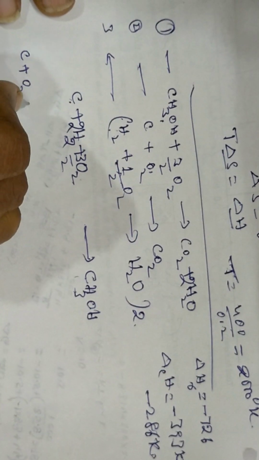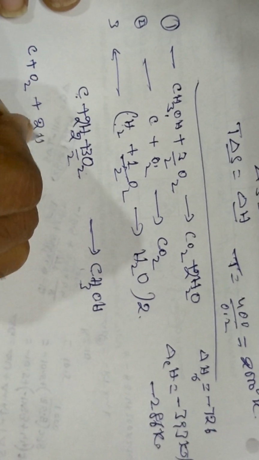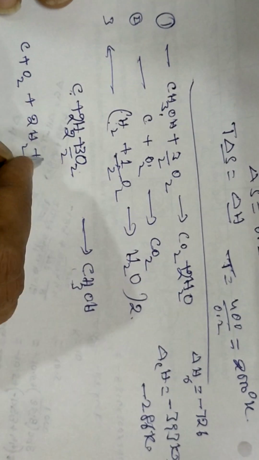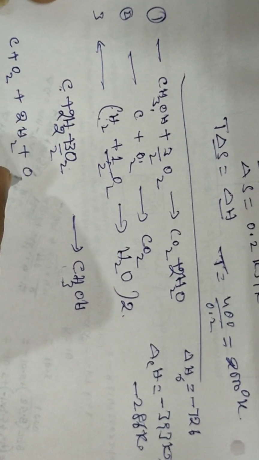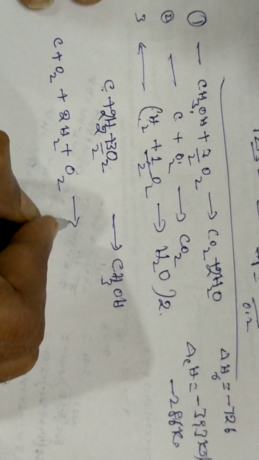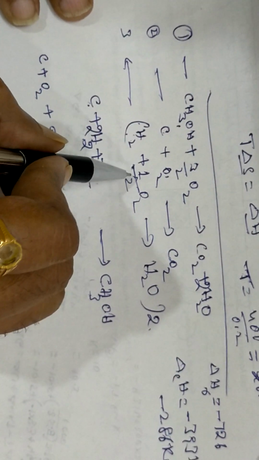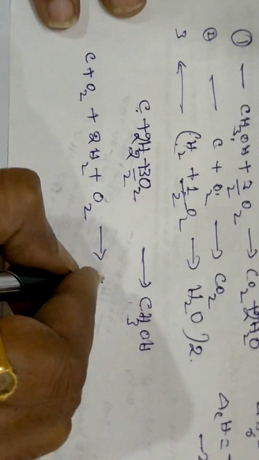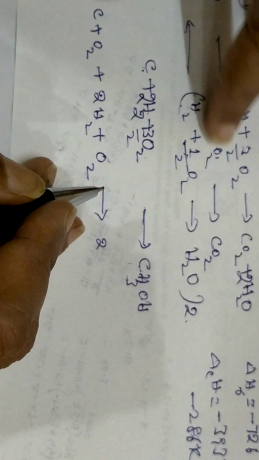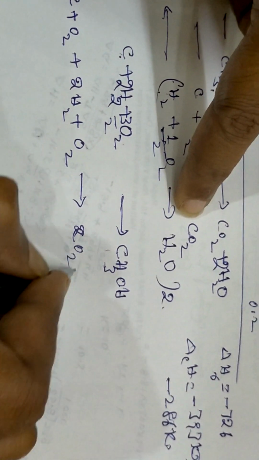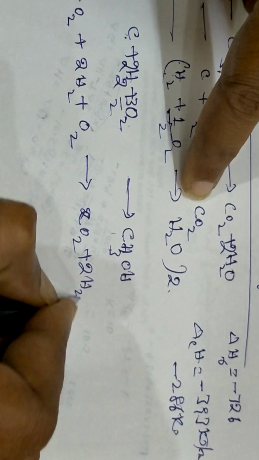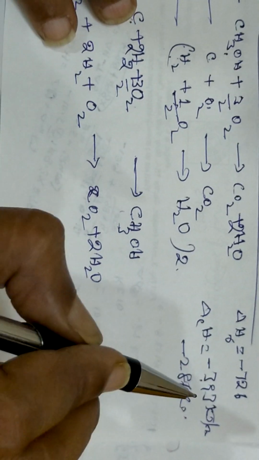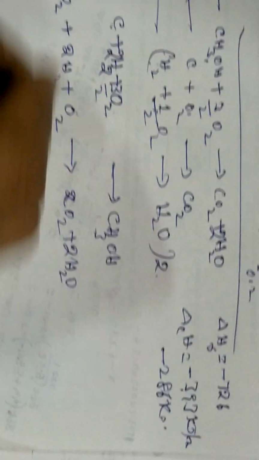On the left side I am taking plus 2H2 plus 2 multiplied by O2, giving 2H2O. On the other side it is CO2 plus 2H2O, and the energy is multiplied by 2 for this one. This is the number 4 equation.